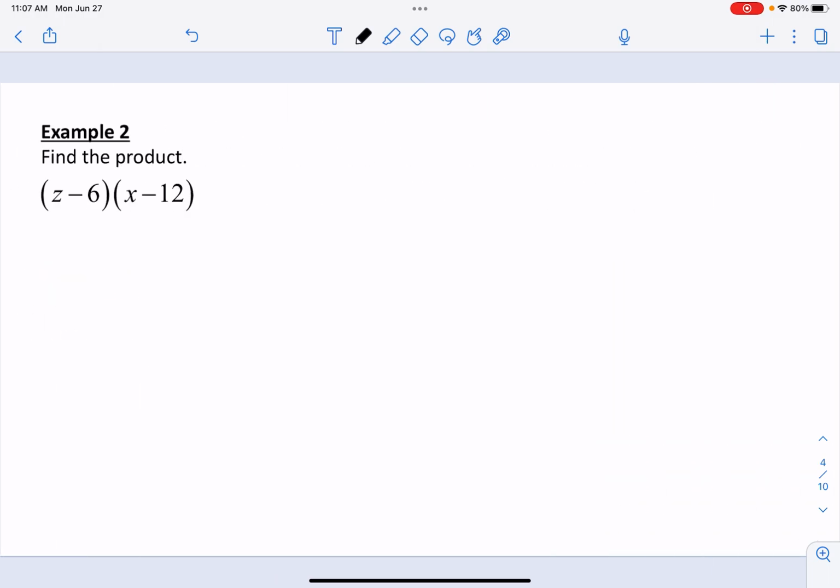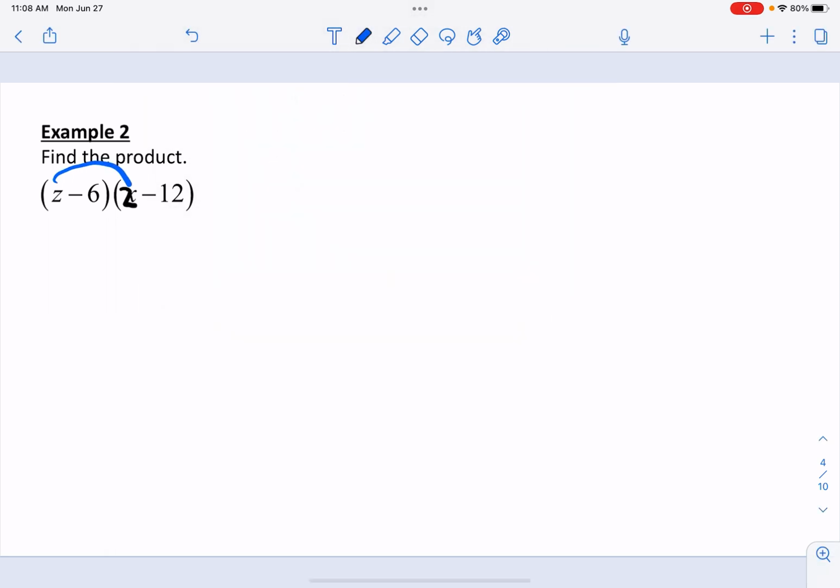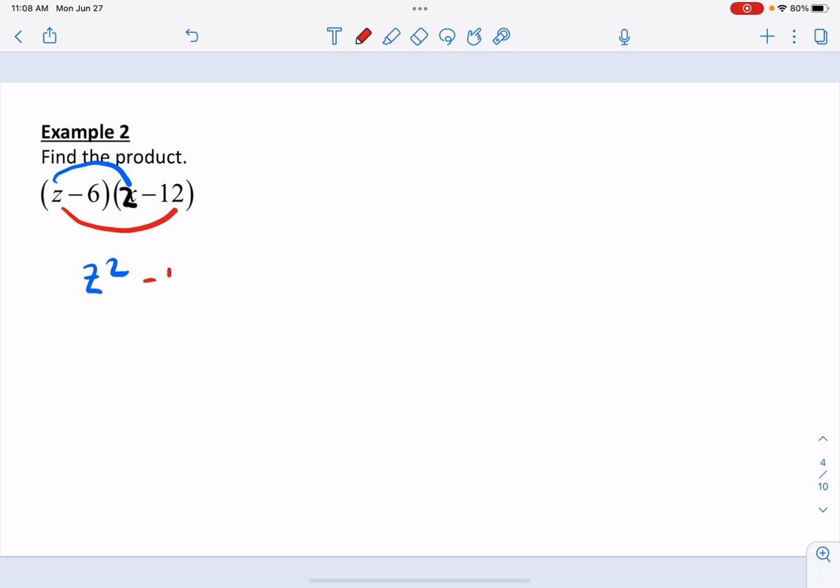Okay, next one. Find the product. I bet I intended those to be the same variable, so I'm going to change this to a z. First terms together: z squared. Outer terms together.